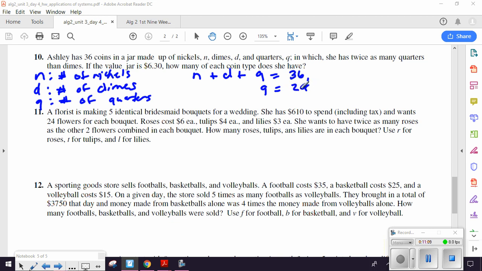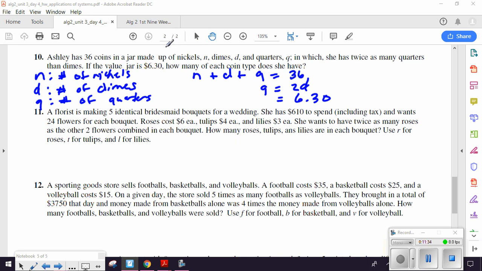And then it says the value of the jar is $6.30. So we need to incorporate that as well in our third equation. So we put 6.30 as our total. Now you got to remember from yonder, how much is a nickel, how much is a dime, how much is a quarter.